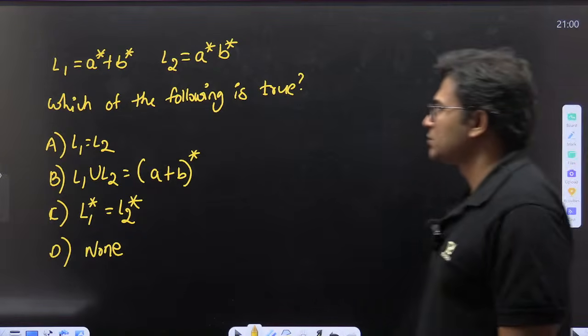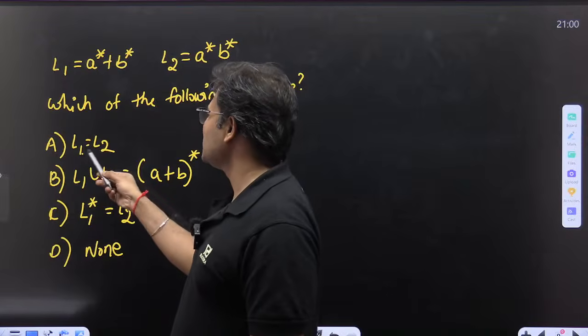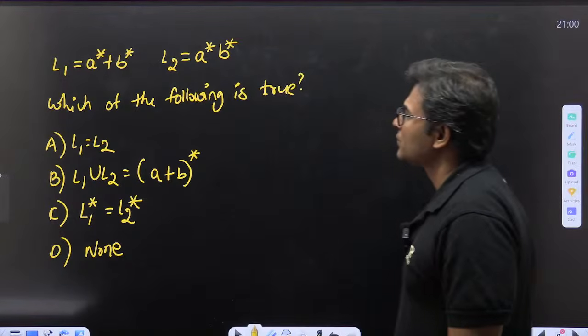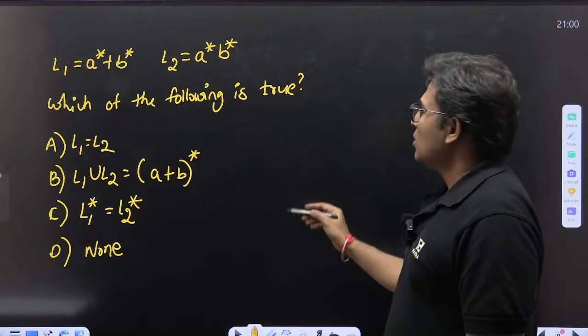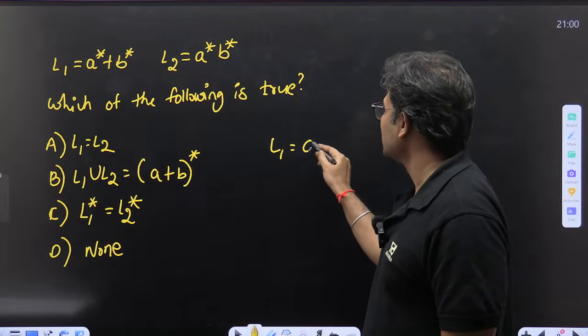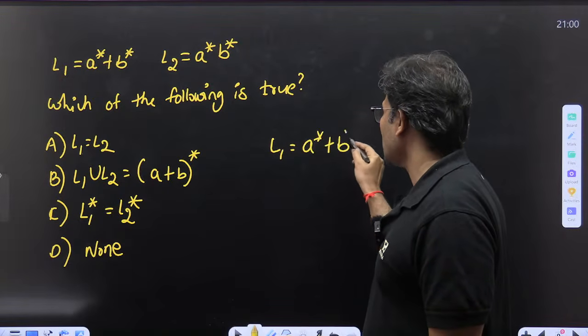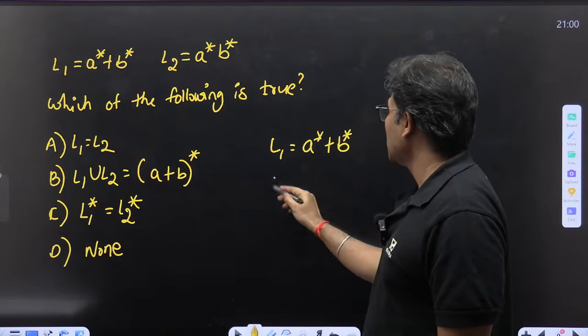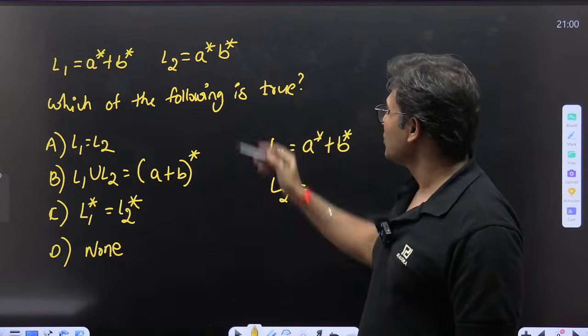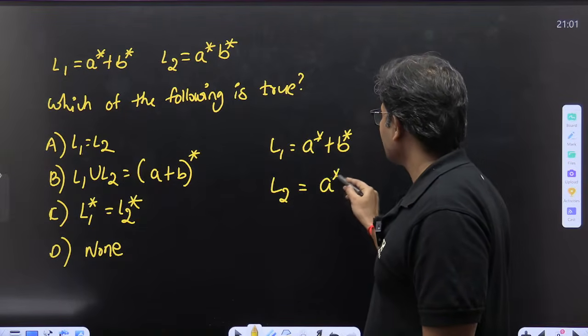Okay, see this. L1 is definitely not equal to L2. L1 is A star plus B star, right? Now L2, what is L2? A star B star.